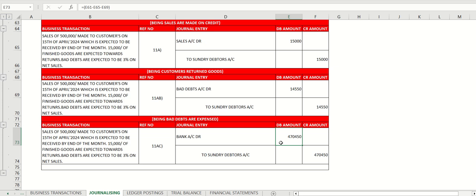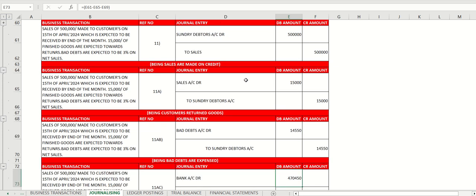Now what are the accounts which are supposed to be created as part of the ledger posting phase? We need to create sundry debtors account, sales account, bad debts account, right? These three accounts we are supposed to create. Let's see.